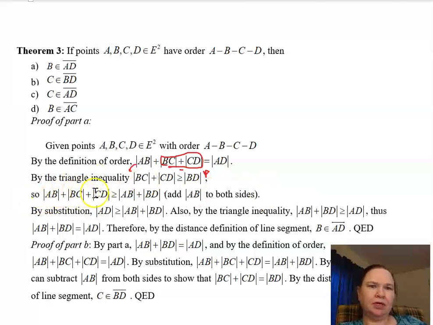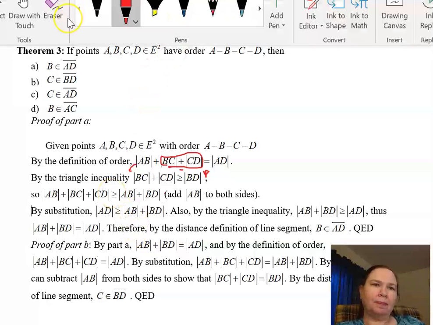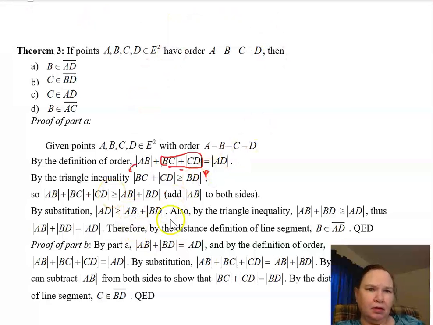Now the thing you should notice is that the left-hand side of this inequality is the same as the left-hand side of this order equation. And so I can substitute AD in for AB plus BC plus CD. So here I go, there's my substitution.